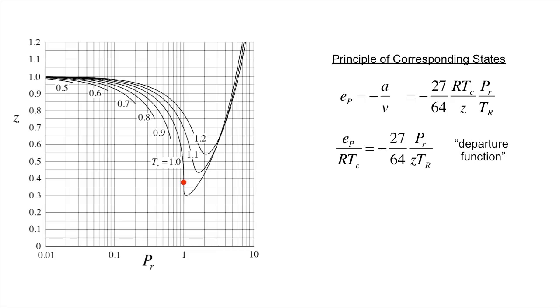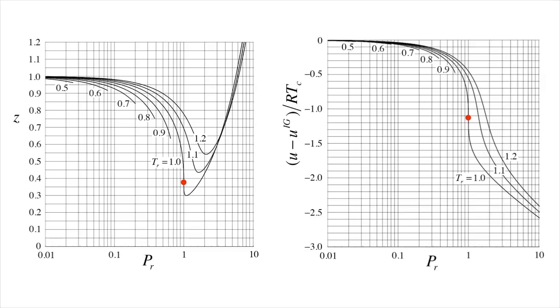Rather than calling this a scaled potential energy, this quantity is usually called the internal energy departure function. The reason it has this name is because it represents the difference, or departure, of the internal energy from the value it would have as an ideal gas at the same temperature, where the molecules are too far apart to have any potential energy.